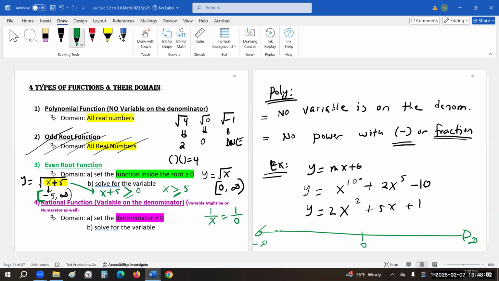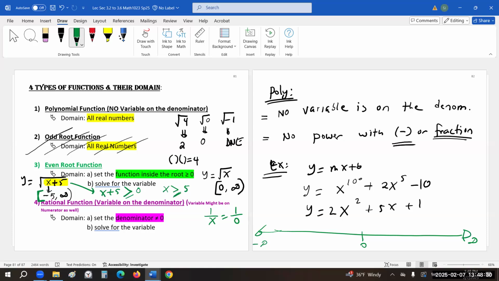We don't know what 1/0 is because it's not possible. When I have 1 pen, I already have something. How can I ever split it into 0 pieces? I can split it into half, 1/3, 1/1,000,000. I can split it into a number, but 0 pieces, not possible. So there's only one number we definitely don't want to ever have on the denominator, and that is 0.